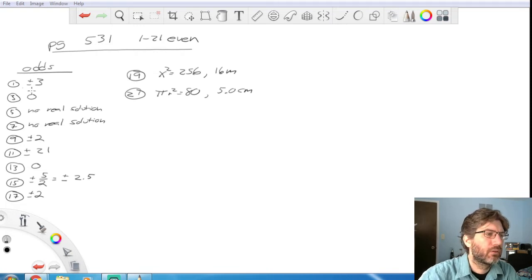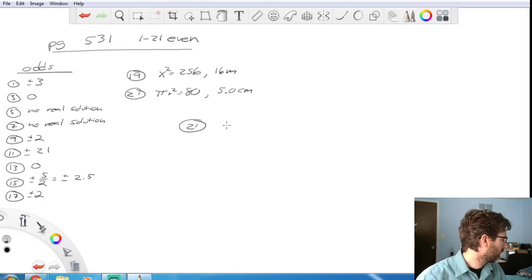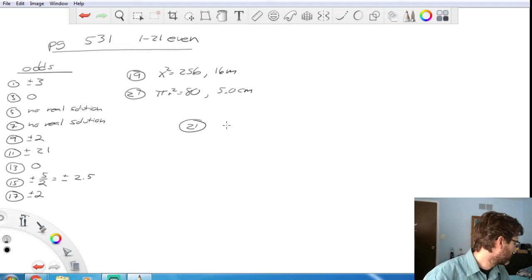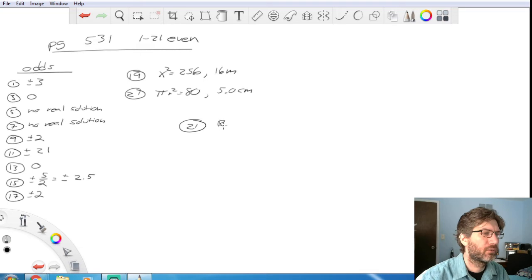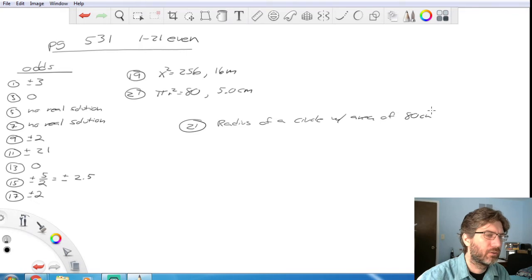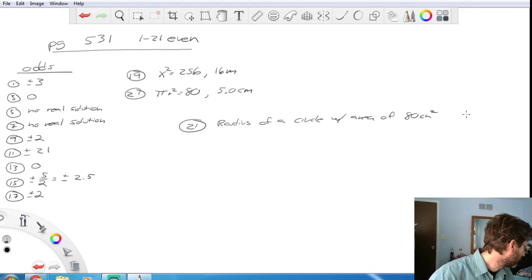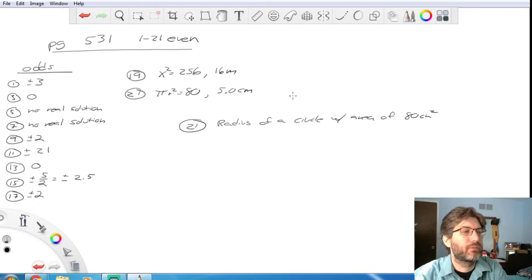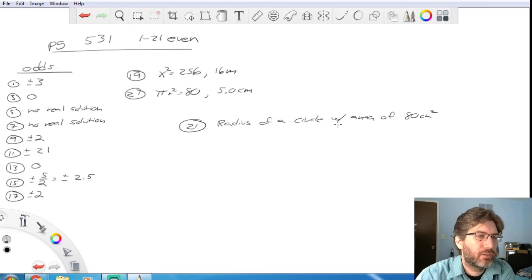21? Yeah, sure. 21 says: find the radius of a circle with an area of 80 centimeters squared. So first off, it's asking for radius in terms of area, so you need to know your formula.